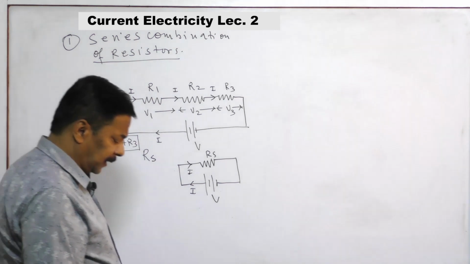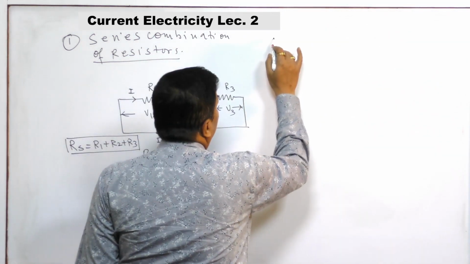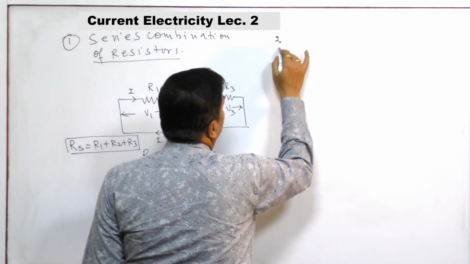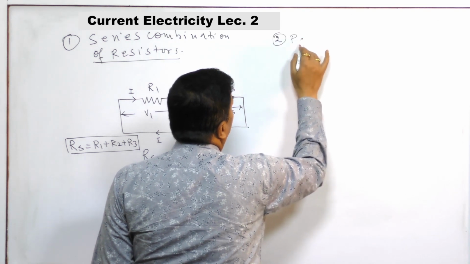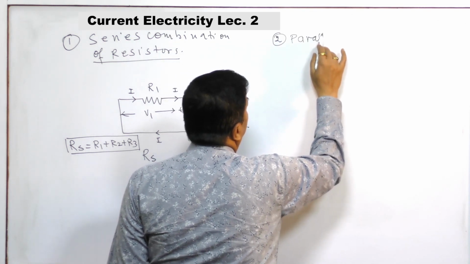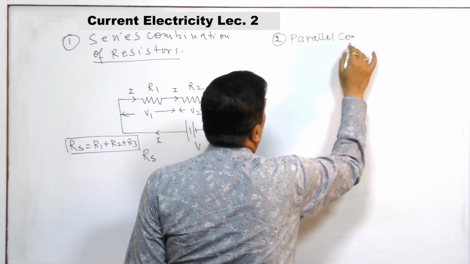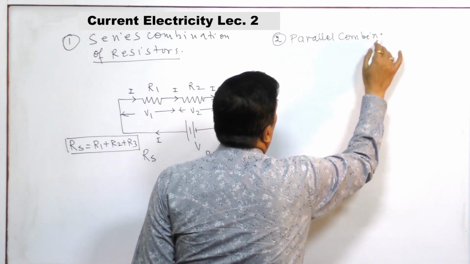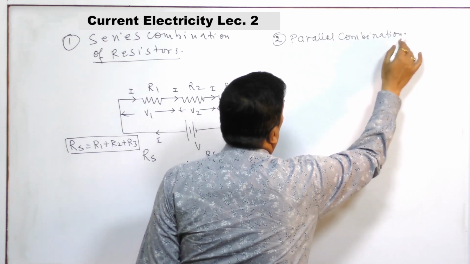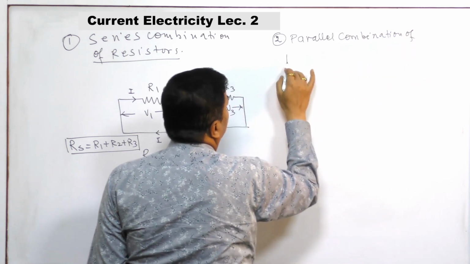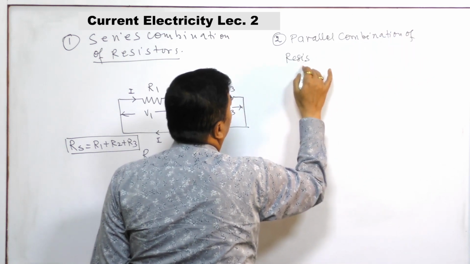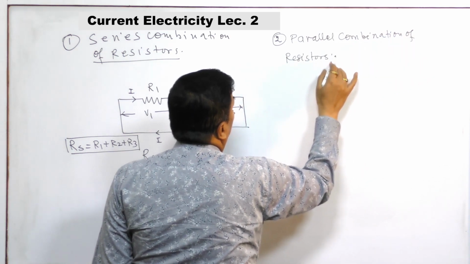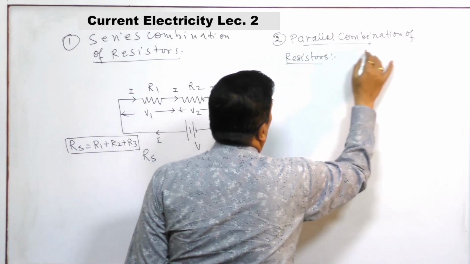Now second is parallel combination of resistors.